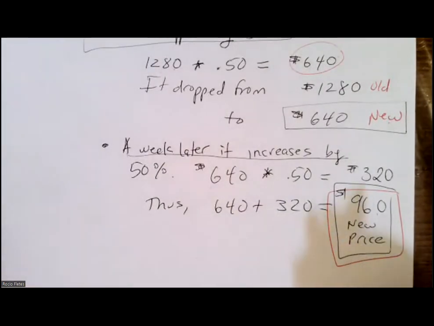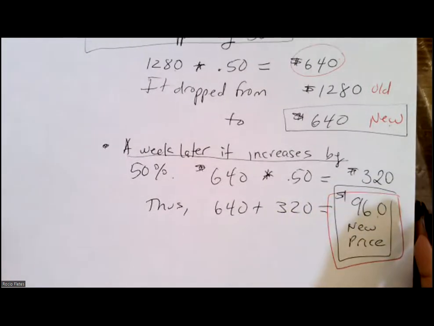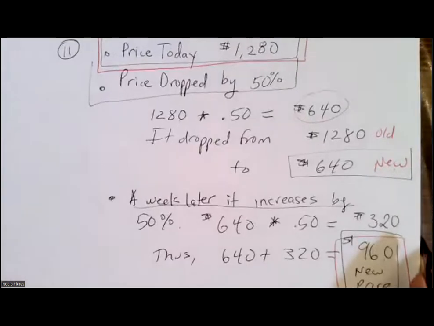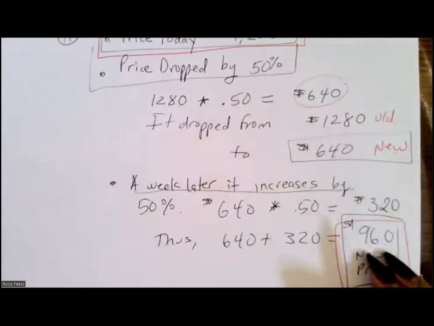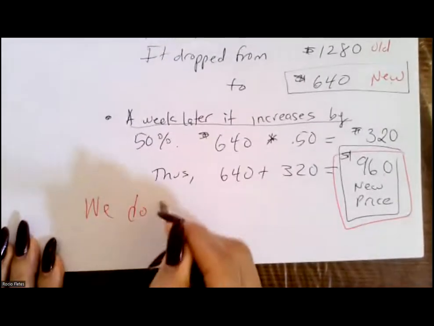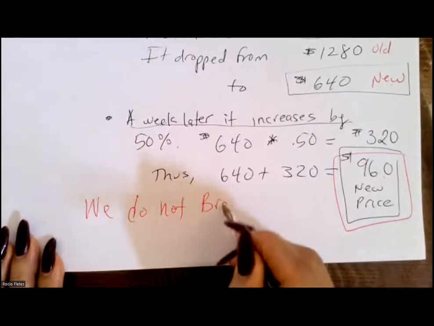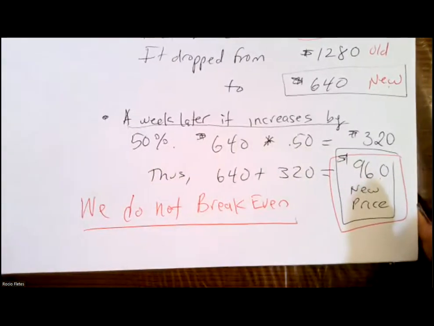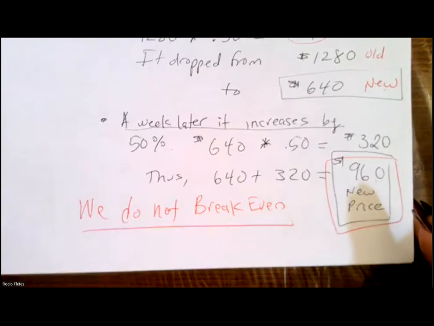We actually lost. Now, if you want to figure out what you lost, we can do that. That's not part of the problem, but wouldn't it be fun to? The answer here is we do not break even. As an exercise, try to figure out what the loss was here.